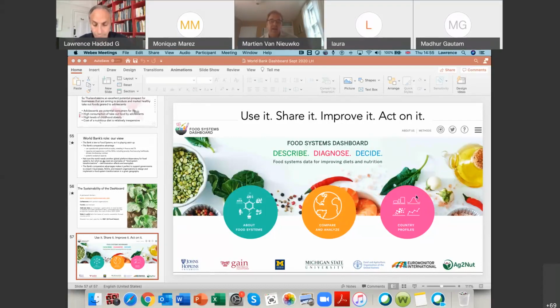And I think today's presentation and discussion clearly show that the food systems dashboard could be a very important tool that we would like to use in doing so. I personally like very much the country comparison, Lawrence, that you put up.